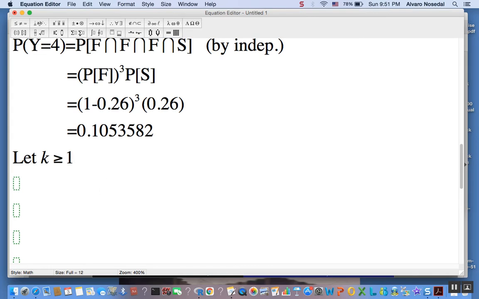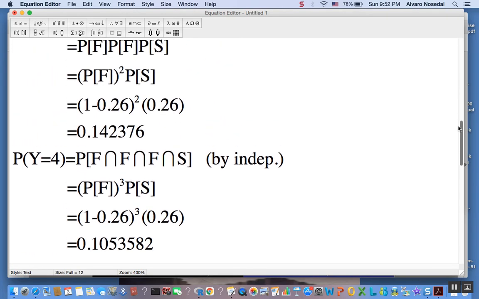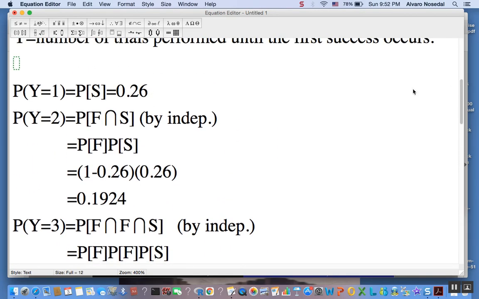So what we're going to be doing is finding the probability that y equals k. Okay? That we need to contact k soft drink users before identifying our first Pepsi drinker. So note, let's see what the pattern is, and then it's going to be easy to write it down.